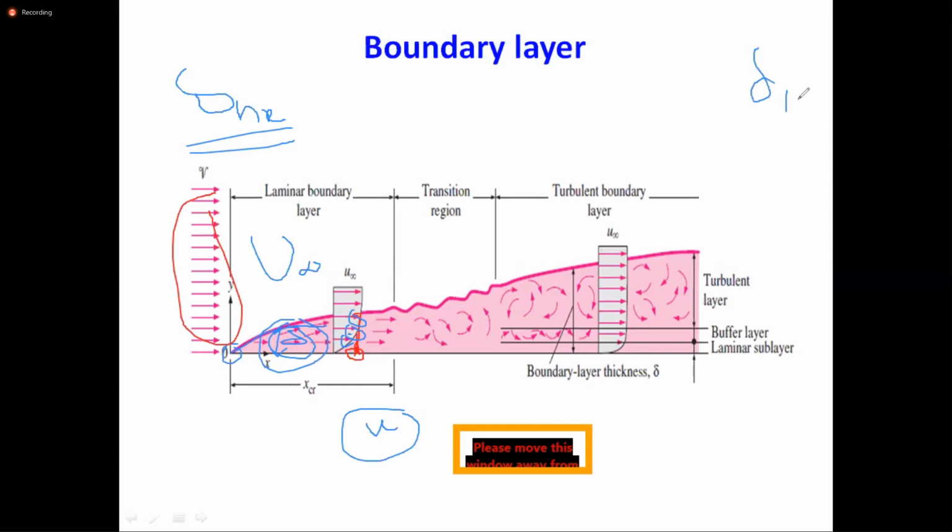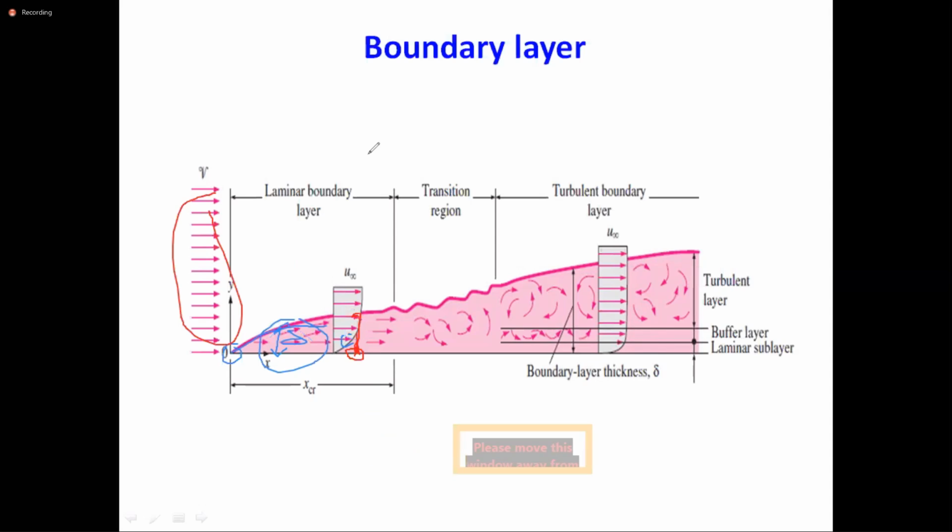Those also we study here. These two are important, and there is a relation between the thermal boundary layer and the hydrodynamic boundary layer. Whatever boundary layer theory we studied in fluid mechanics is the hydrodynamic boundary layer. The new concept introduced here is the thermal boundary layer.